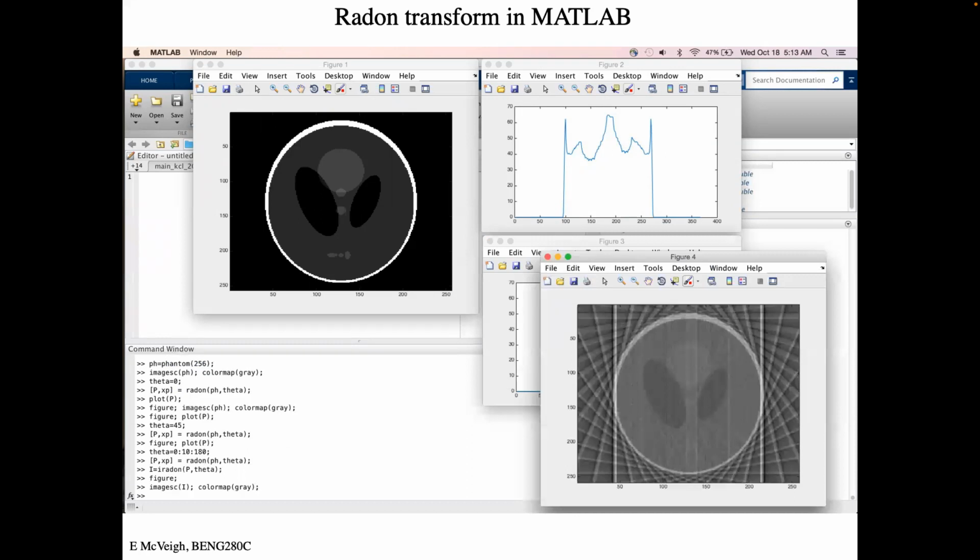I think in the lecture, if it's not there, I'll put in a program that you can play around with for the radon transform, which creates from an object the raw projection data of this object.